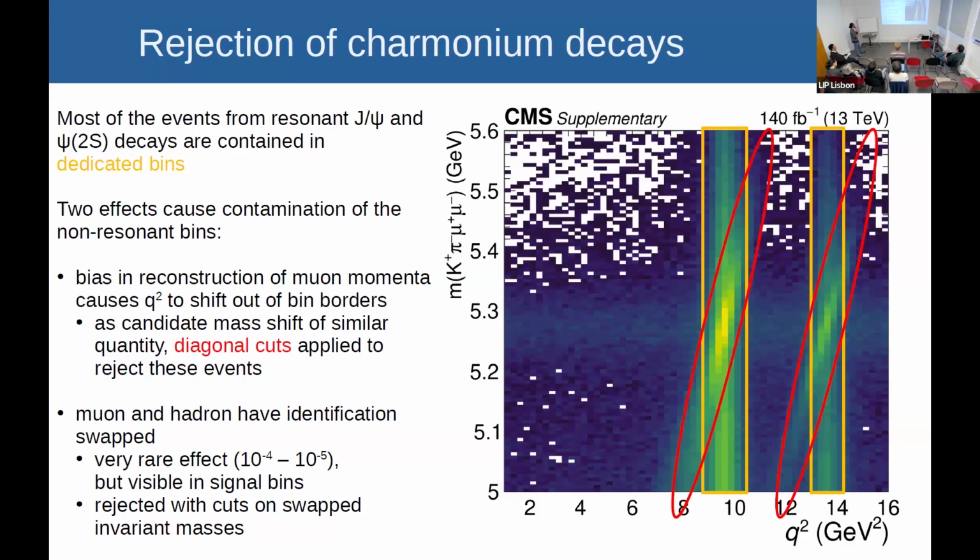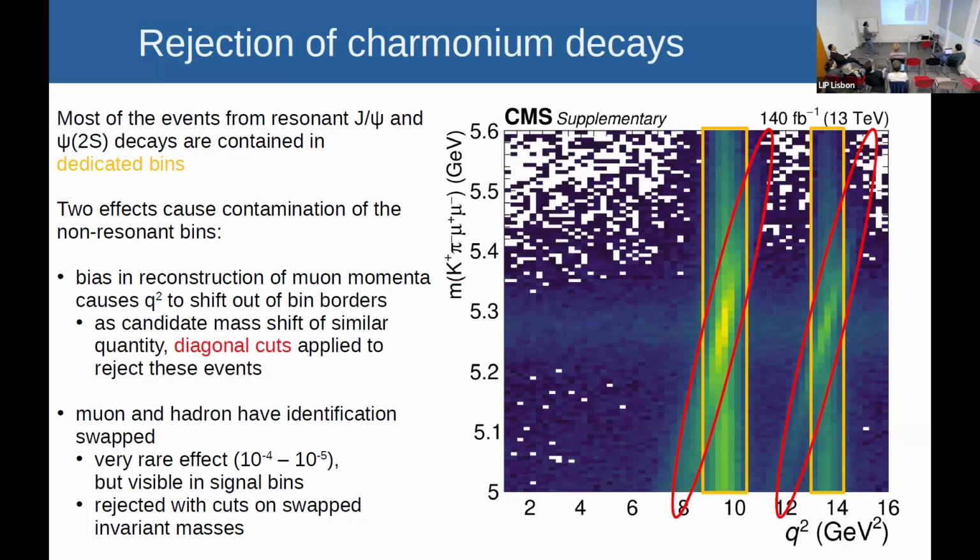The first one is some biases in the reconstruction of the momenta of the muons that cause a shift in the q-square. The most common case is when one of the muons radiates a photon, and we don't reconstruct the photon, it's a soft photon, but it shifts the q-square to lower values. You can see here in these 2D plots, this is with our data set, the yellow bands are the regions that we define to contain the resonant contamination, but you can also see this diagonal behavior.